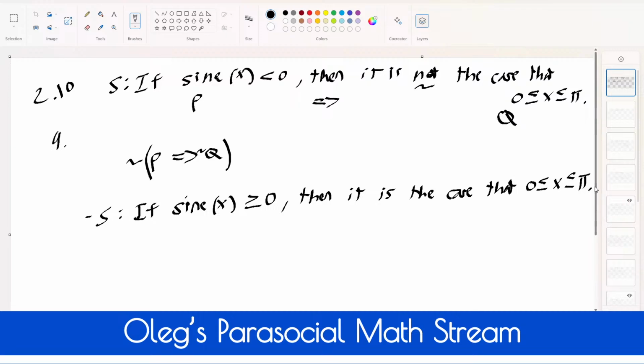If sine x is greater than or equal to pi, so we flip that, then it is the case... No, De Morgan's laws aren't going to help us here.